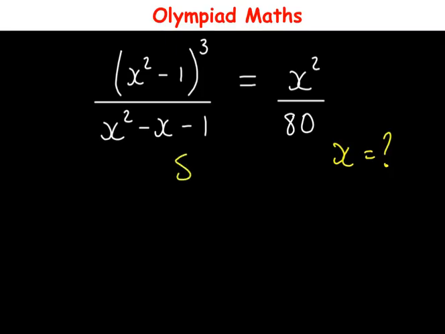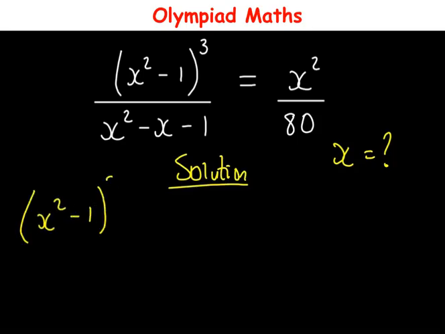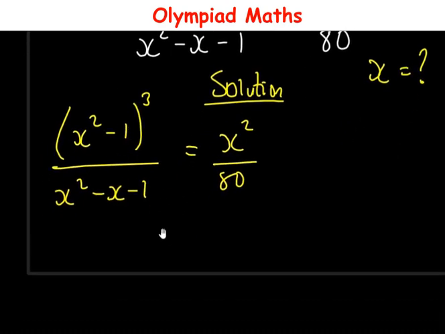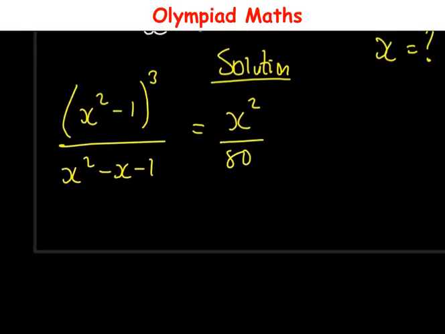To solve this, solution. We have (x² − 1)³ over (x² − x − 1) equals x² over 80. Looking at this numerator, we are going to factorize out x from there.